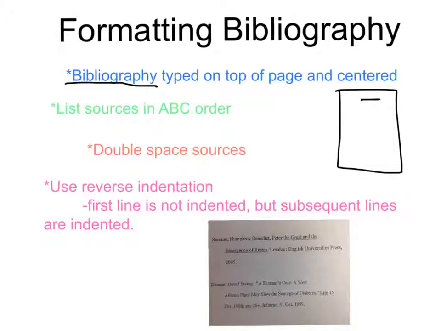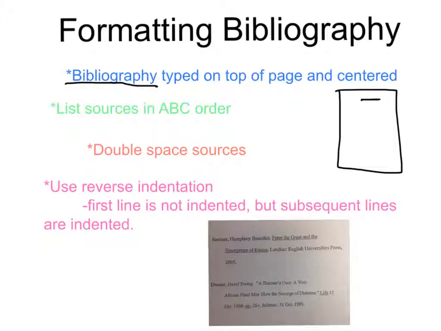You will also need to make sure that your sources are listed in alphabetical order. You will need to make sure you double space your sources, and then also you'll need to use reverse indentation on your bibliography. That means the first line is not indented, but subsequent lines are indented.